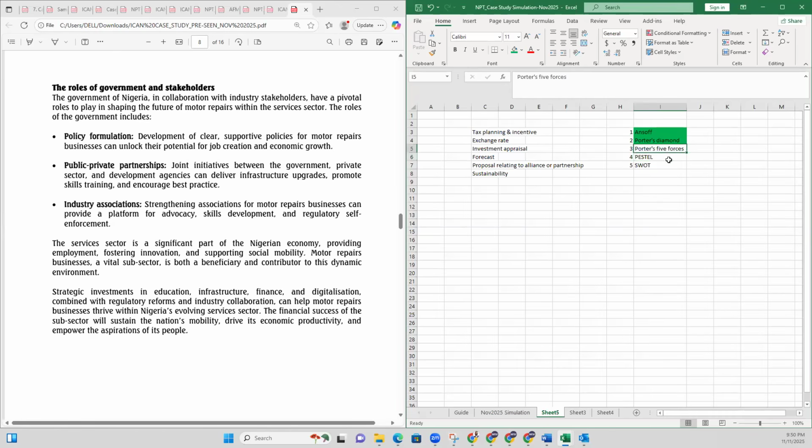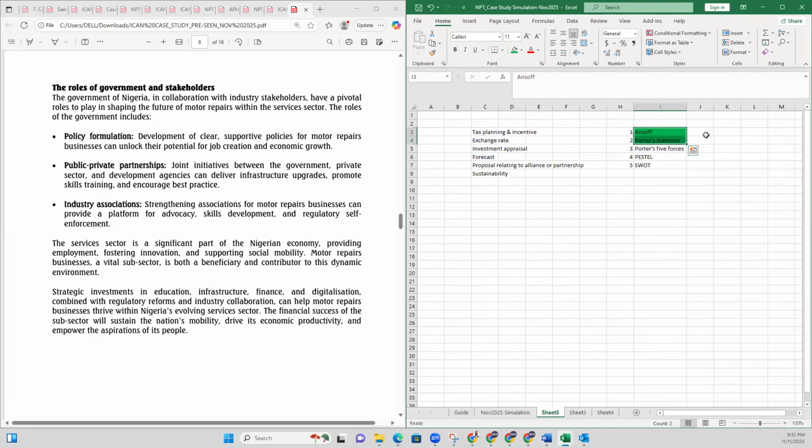But for the purpose of writing your Preseen report, the report you're going to submit to me for review to get you ready and more familiar with this case, we said focus on either of these 2 models. If you have enough time, you can choose to explore both in your Preseen report.